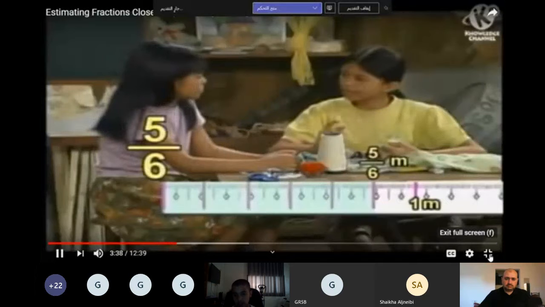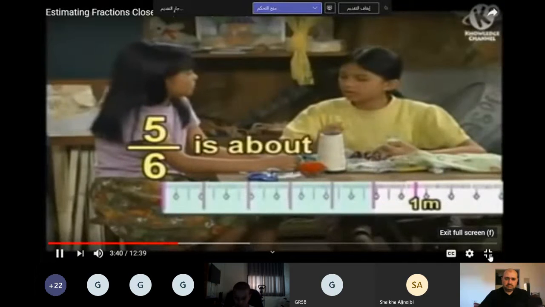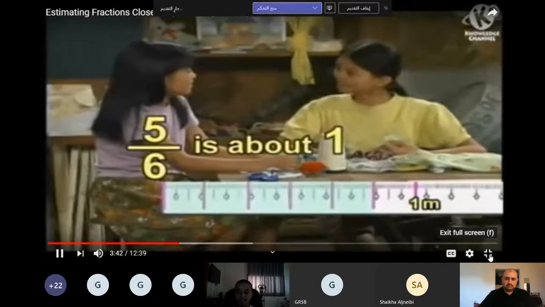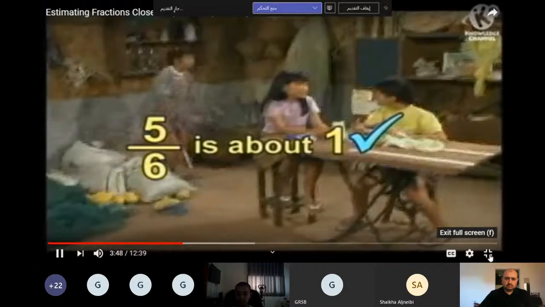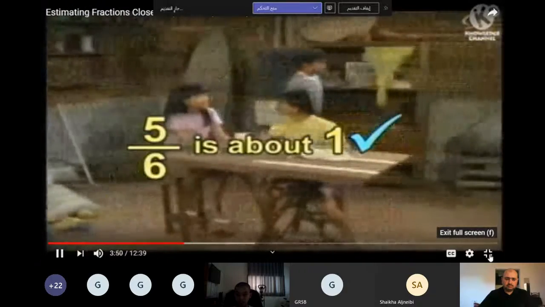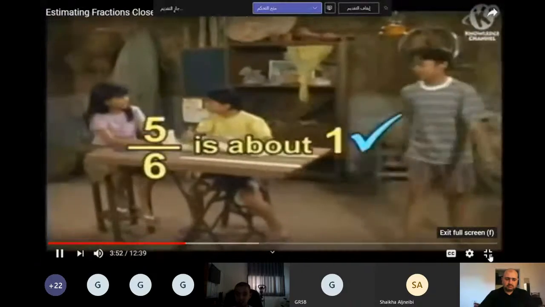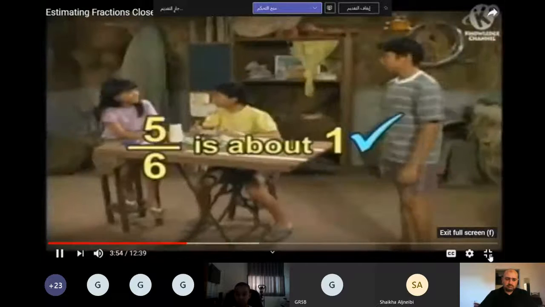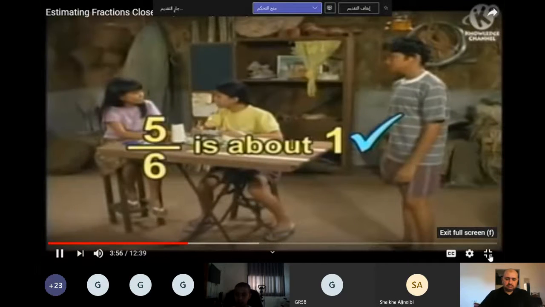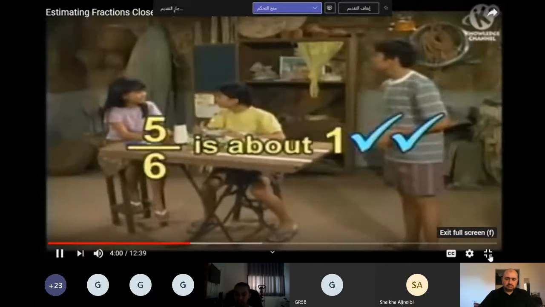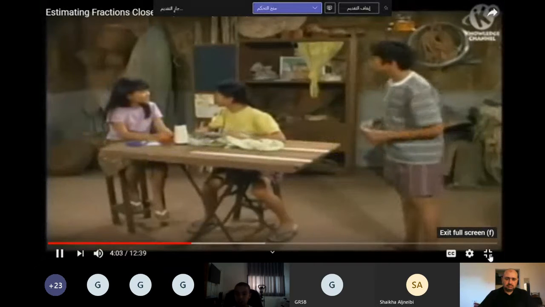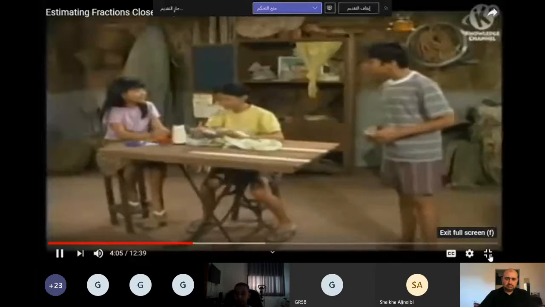If I estimate 5/6 meter, it's about 1 meter. Yes, because a fraction is about 1 or close to 1 when the numerator is about the same as the denominator. The numerator 5 is about the same as the denominator 6. So 5/6 meter is close to 1. This means I should take the 1 meter of plain cloth that I have at home.